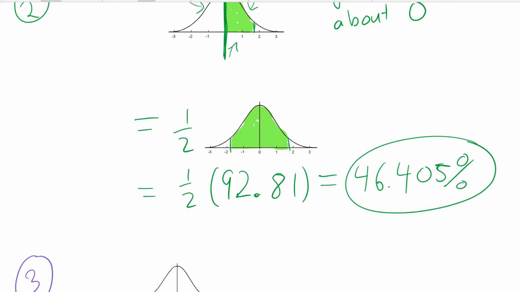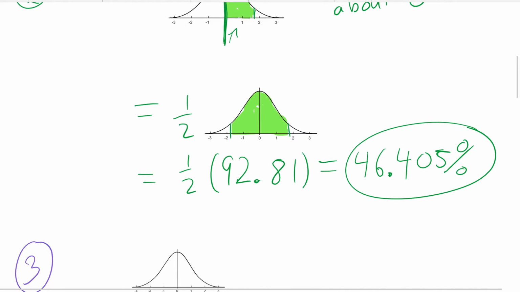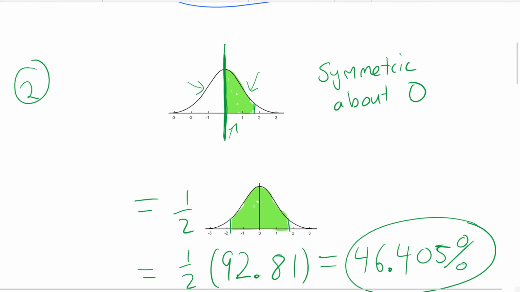The area under the normal curve between 0 and 1.8 is 46.405%.